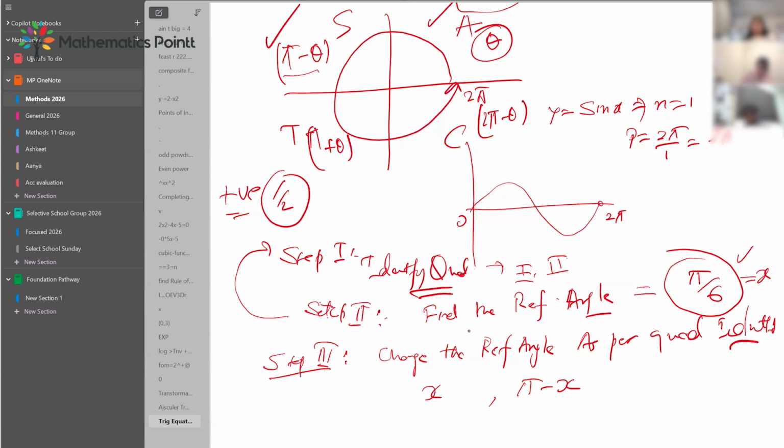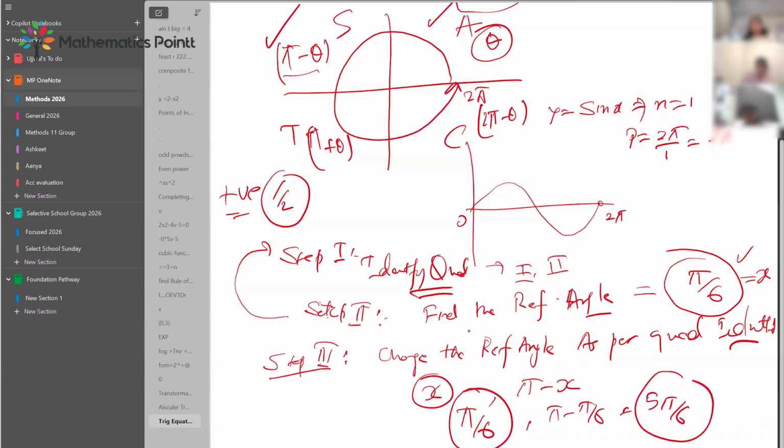It happens to be the same. So my x is pi on 6, and pi minus pi on 6 is 5 pi on 6. So I have two solutions right in front of my eyes.